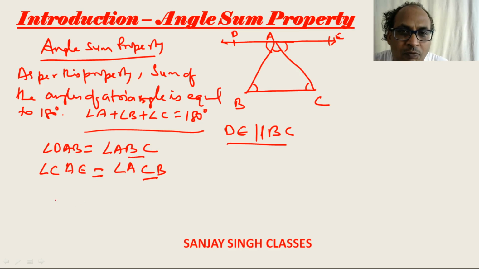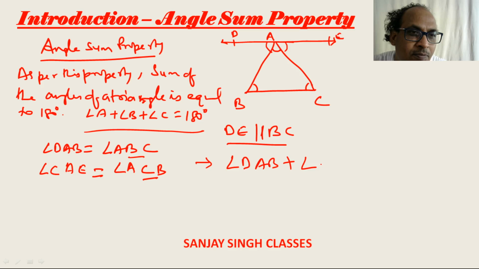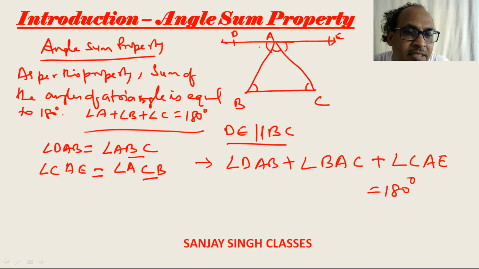Okay. Now we can see if we are going to add them together. So what we have found? We have found that angle DAB plus angle BAC plus angle CAE is equal to 180 degree. So it is linear pair axiom. All the angles from here to here will become 180 degree. Right.